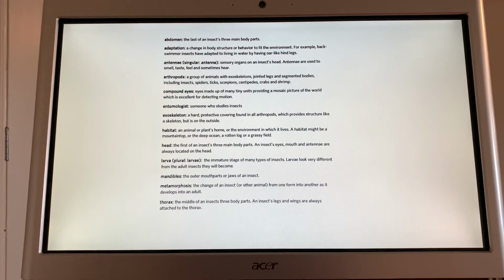A reminder of our topic vocabulary, the technical language we need. Abdomen, adaptation, antennae or antenna, arthropods, compound eyes, entomologist, remember we are now all budding entomologists, exoskeleton, habitat, head, larva or larvae, mandibles, metamorphosis, and thorax.